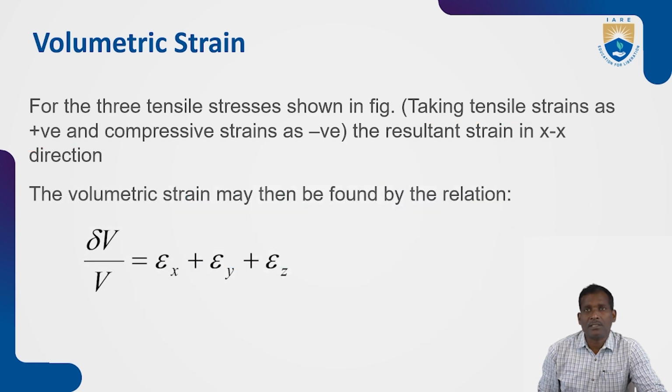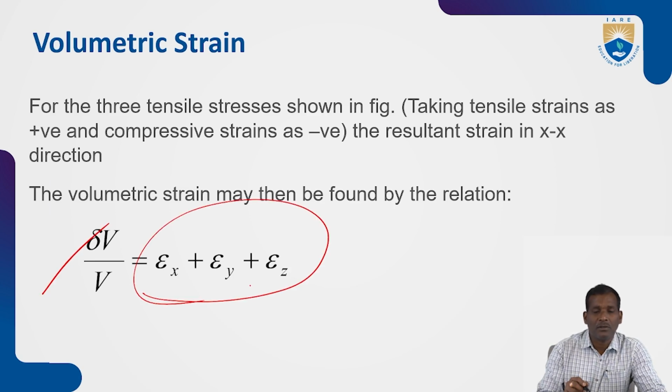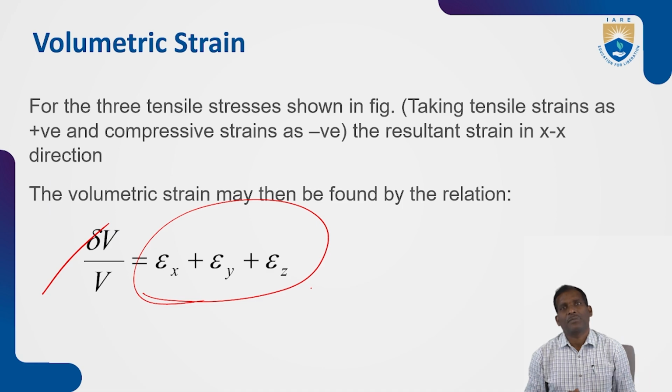For the three tensile stresses shown already in figure, the volumetric strain may then be found by the relation delta V by V is equal to the summation of all these resultant strains, epsilon x, epsilon y and epsilon z. Total three strains.